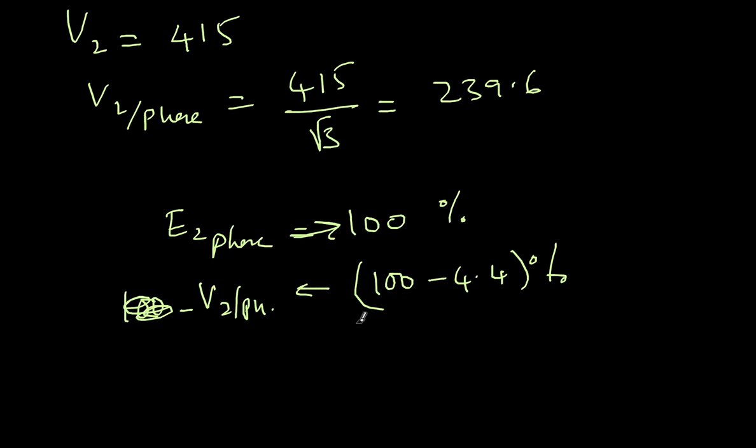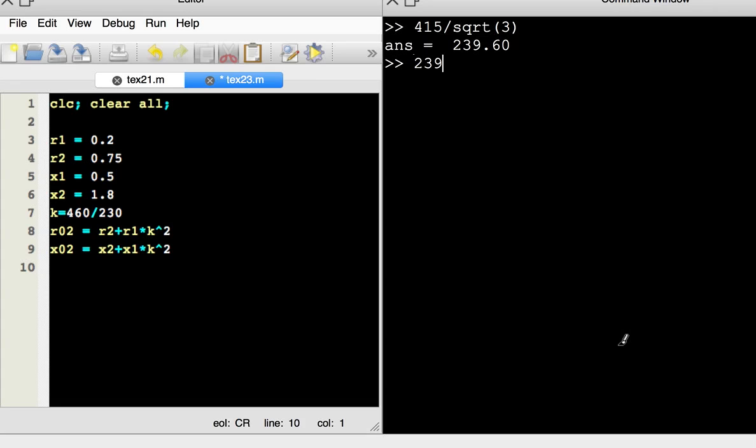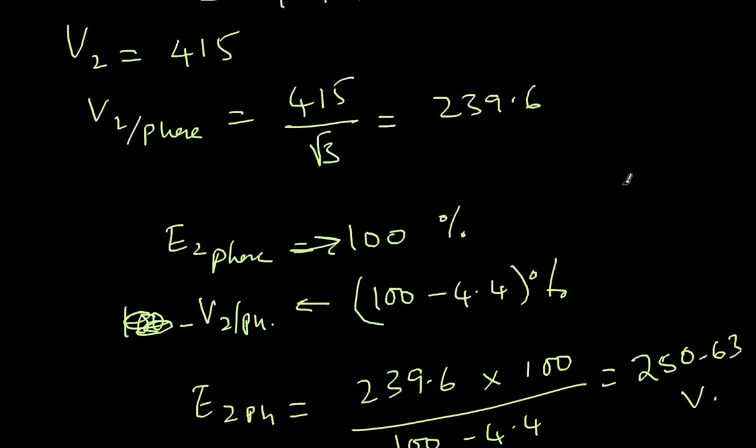Therefore E2 per phase will be 239.6 into 100 divided by 100 minus 4.4. I'm getting 250.63 volts. So this is the E2 per phase.